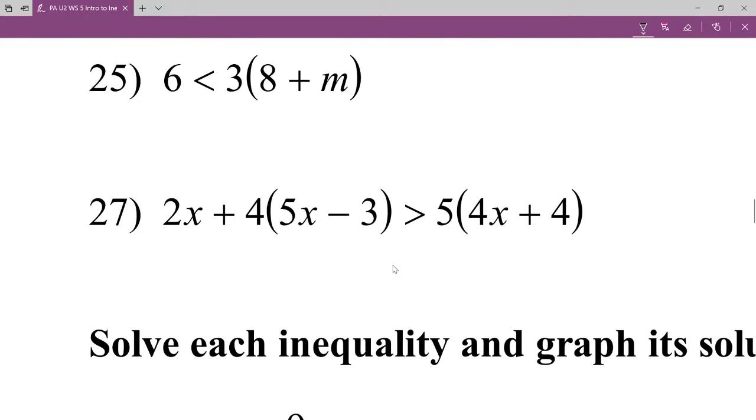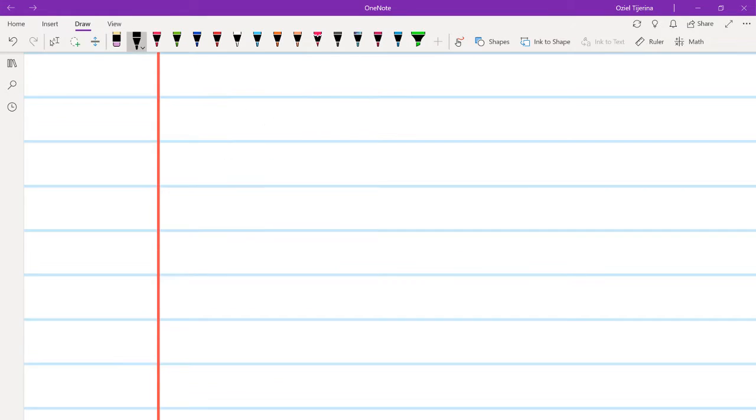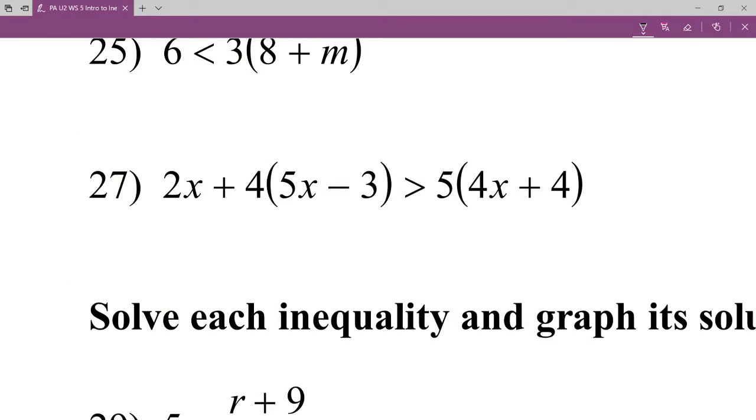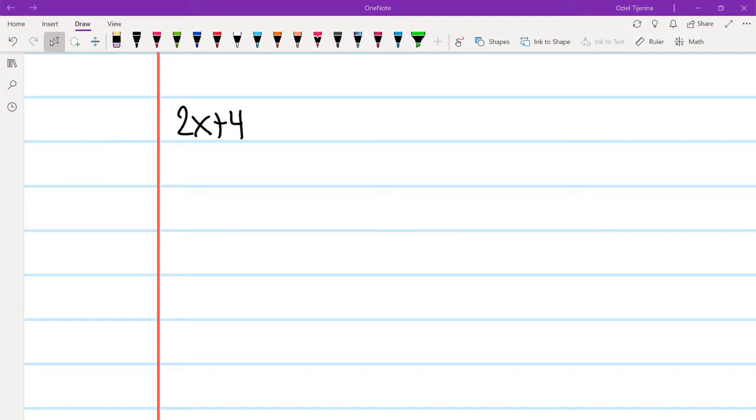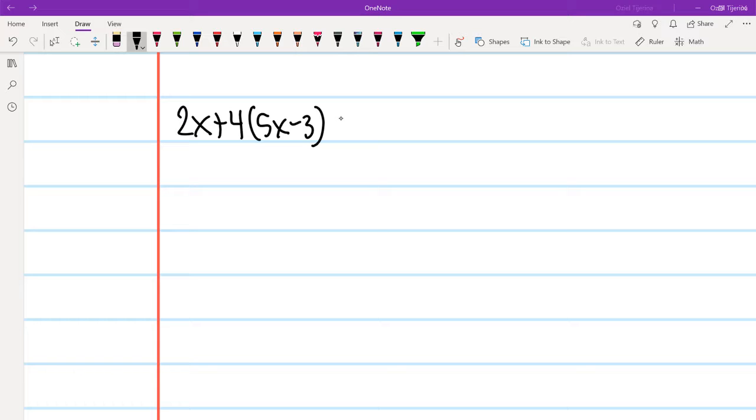And then this one is a little bit more tricky. Let's copy it down: 2x plus 4 times 5x minus 3 is greater than 5 times 4x plus 4.